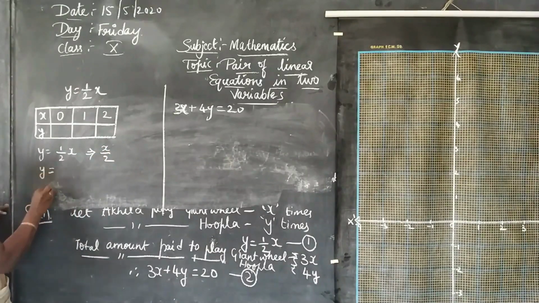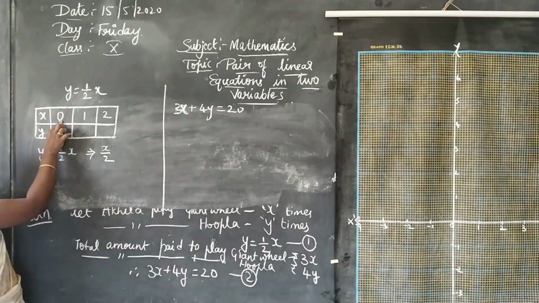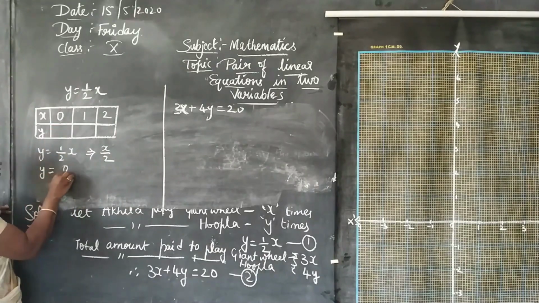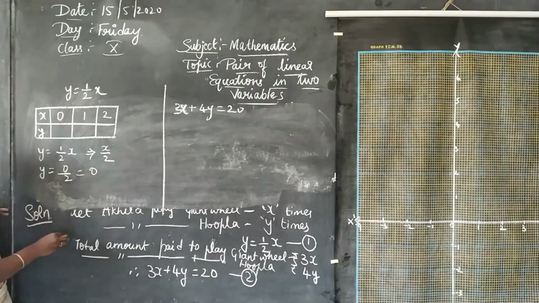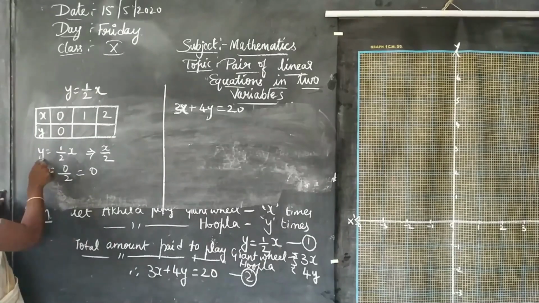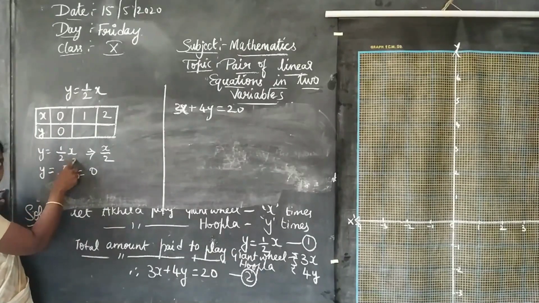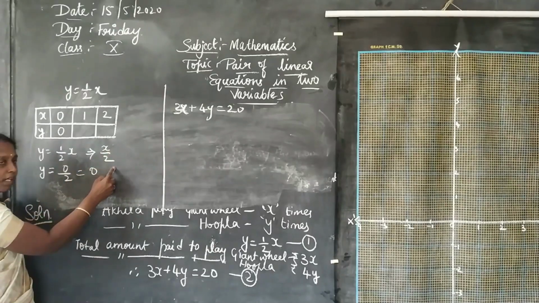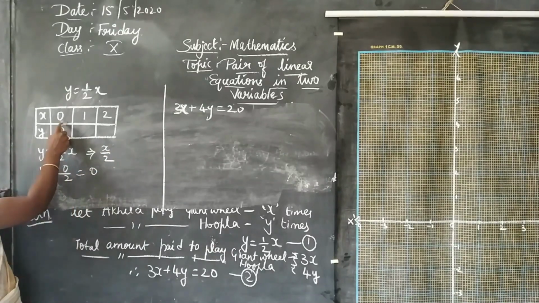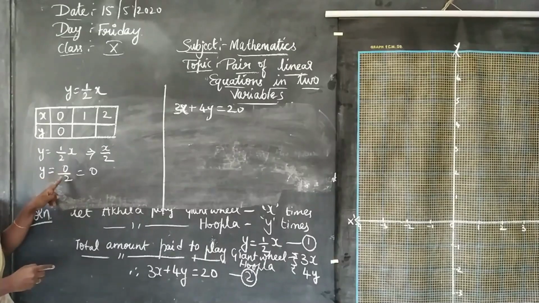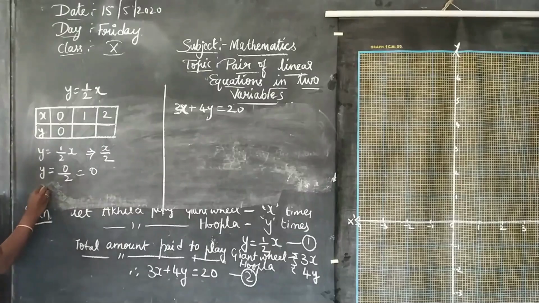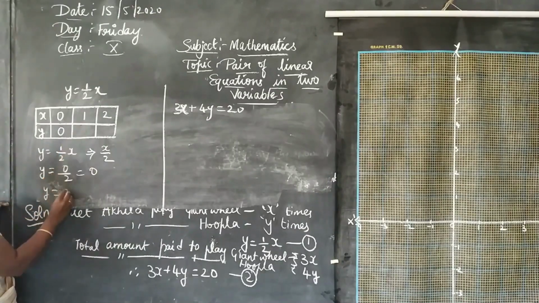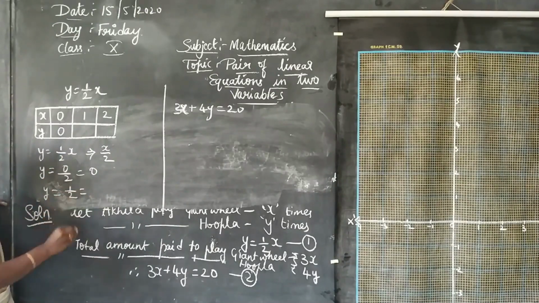So y is equal to, what is the x value children I have taken here? 0. So 0 by 2. 0 by 2 is what? 0. So the y value will be 0. Is it clear? y is equal to 1 by 2x can be written as x by 2. If I take the value for x as 0, then 0 by 2 is 0. Next, x is 1, so y is 1 by 2.